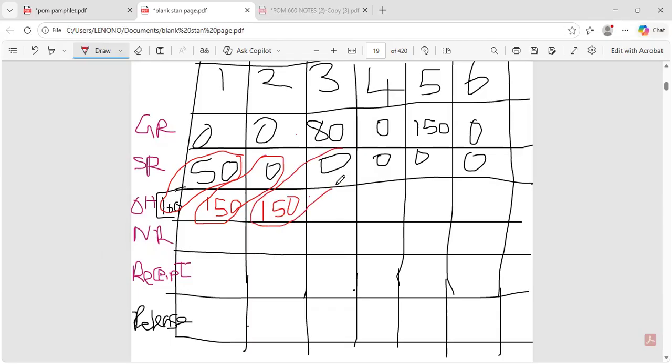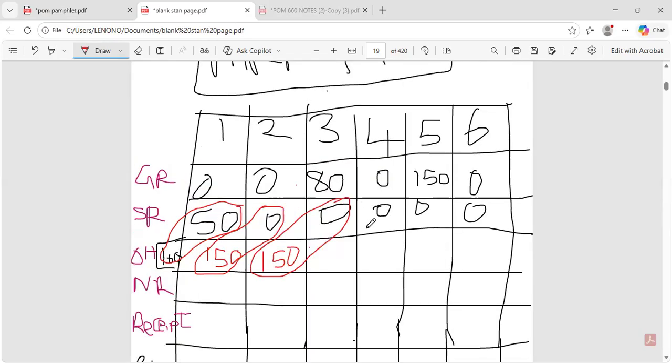Then 150 plus 0 minus 80, what are we getting? It's 70, positive.